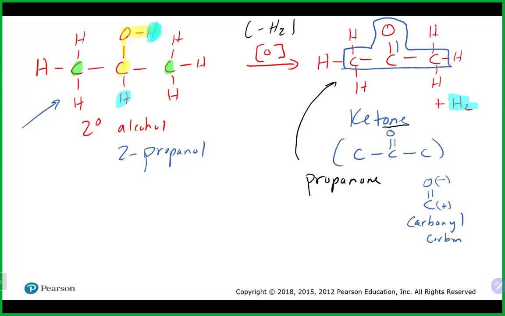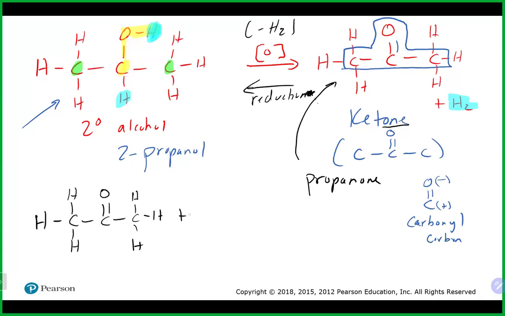As we've been talking about, the reverse of that is the reduction reaction. So if you were starting with that exact ketone there, you would be reducing it, which means you would be adding the H2.